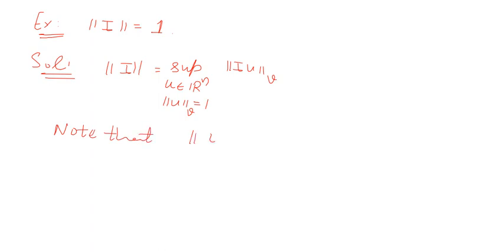Note that Iu is equal to u, because you are multiplying an identity matrix with a vector u, and you get the same output. So norm of Iu is the same as norm of u, but norm of u is 1. So we are through with this.